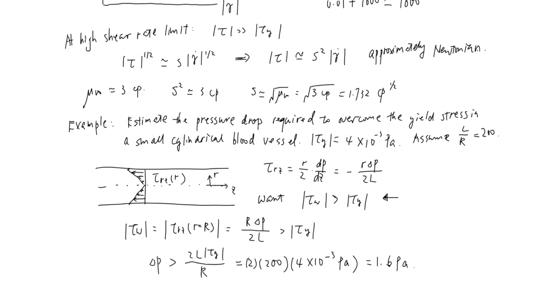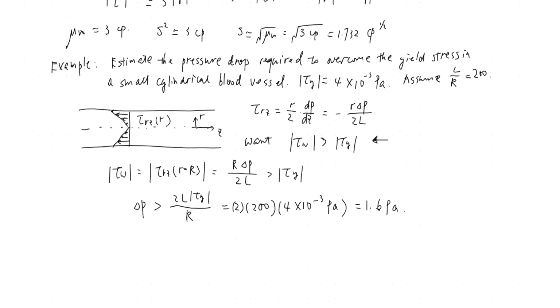So just to give you a perspective of how large it is, the pressure in the blood vessel, the typical mean arterial pressure, is about 10 to the power of 4 Pascal.